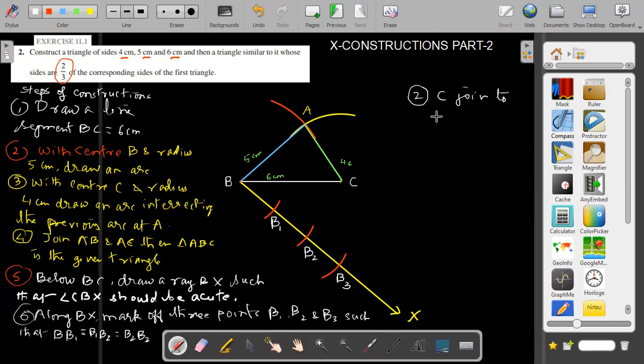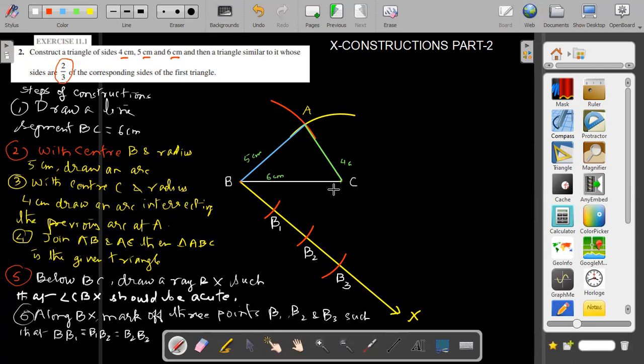If the denominator is 3, you will join with B3. If it is 3 by 2, then we will join B2, in the inner one, not the outer one.